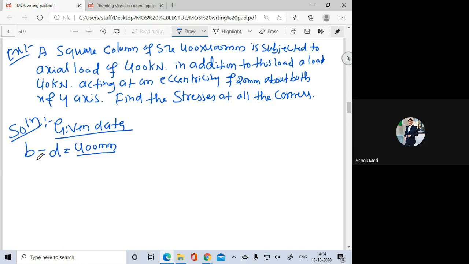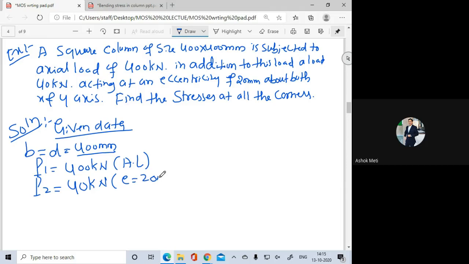And here I will consider P1, which is the axial load, 400 kilonewton. And P2 is 40 kilonewton, that is the eccentric loading. How much eccentric? That is 20 mm. So here it is e_xx and e_yy. So at both axes there is eccentric loading, with 20 mm eccentricity.